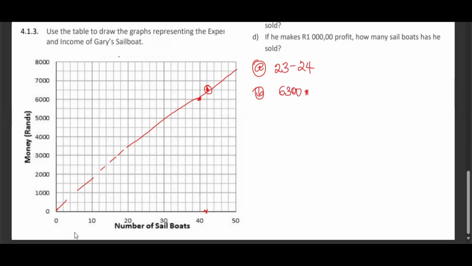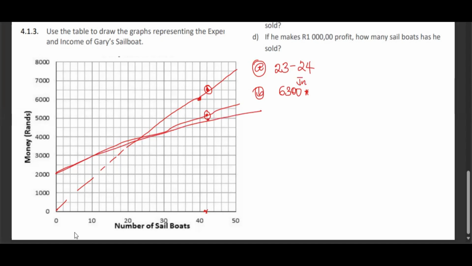Remember, we are looking at the profit. So we also need to look at the cost. At 42, when does it touch the cost? This is the income at 42. Then you approximate or guess the number here. Is it 4,000 or is it supposed to be down here like this?